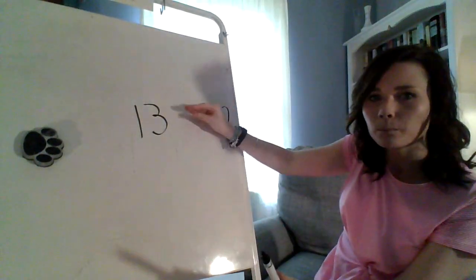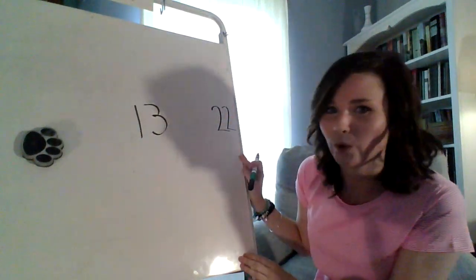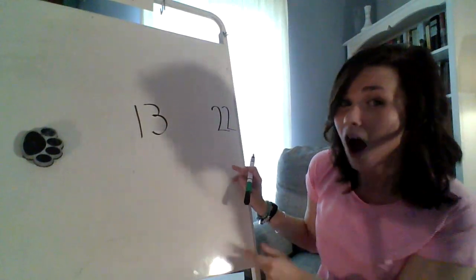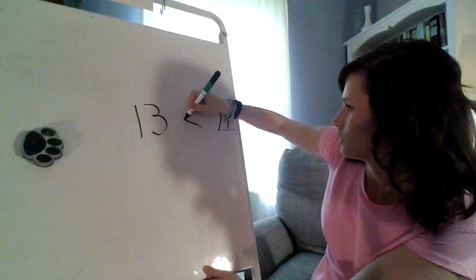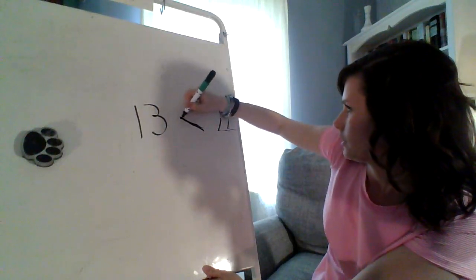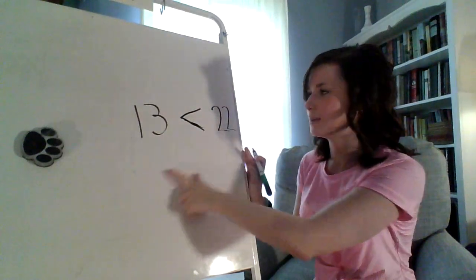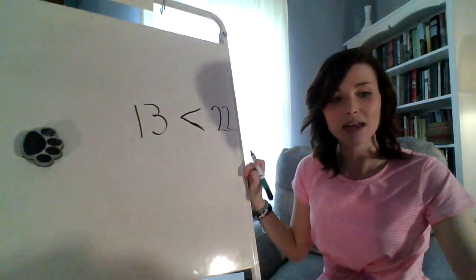Is he going to eat 13 or is he going to want to eat 22? Which number's greater? 22, right. So you will draw Chompy eating 22. And if you were going to read this sentence back, you would say 13 is less than 22. So that's this page.